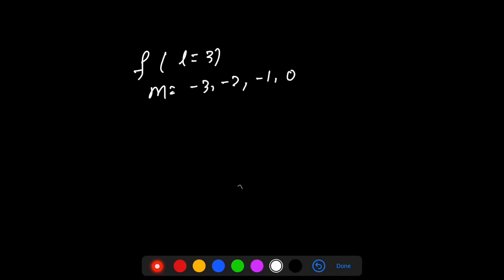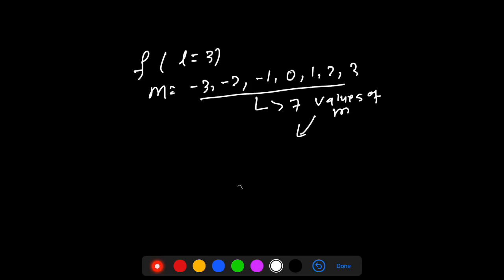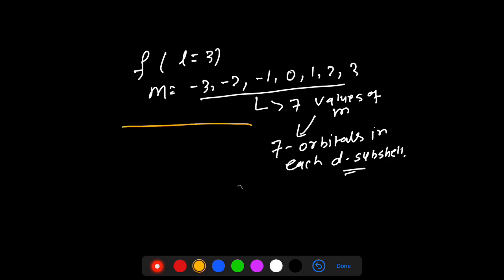Similarly, for the f subshell, for which the value of l is 3, the value of m will be -3, -2, -1, 0, 1, 2 and 3. We see that there are 7 values of m, so there are 7 orbitals in each f subshell.